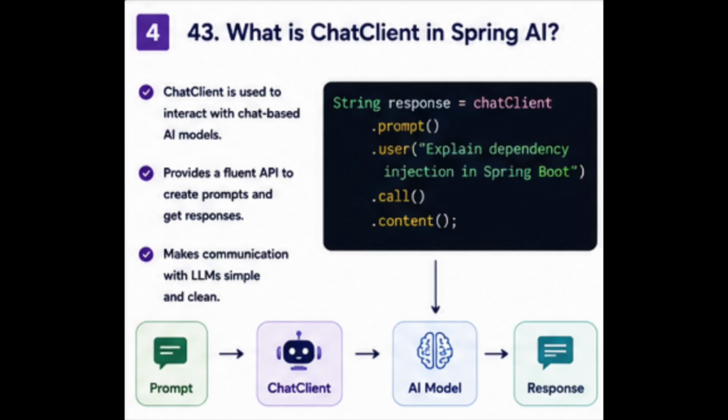Let's understand the flow. First, we create a prompt, then we provide the user message. The call method sends the request to the AI model. Finally, content retrieves the generated text response. This gives developers a simple way to communicate with an LLM.